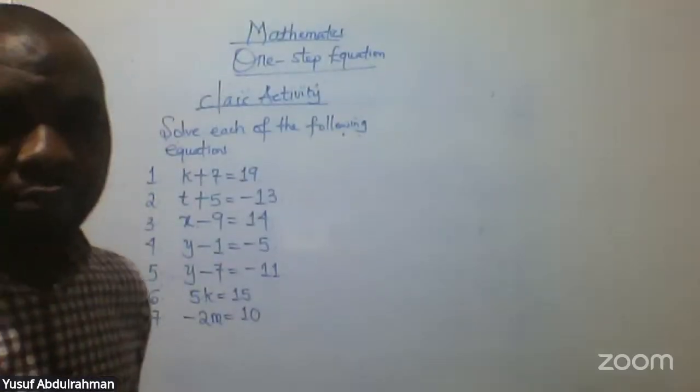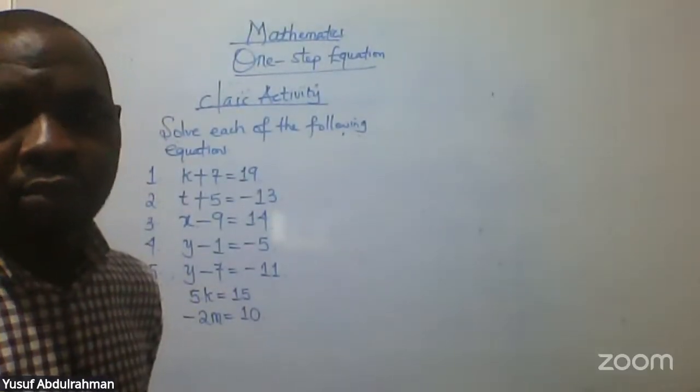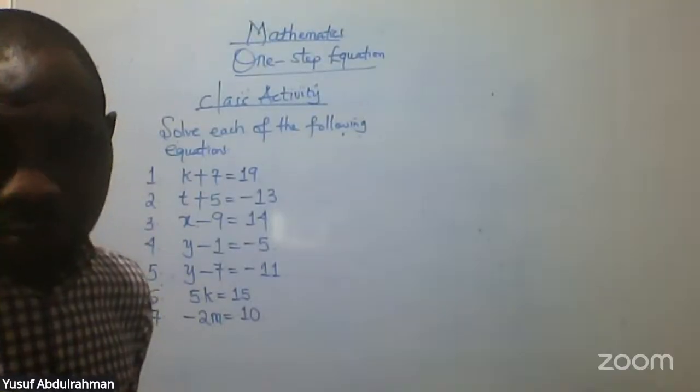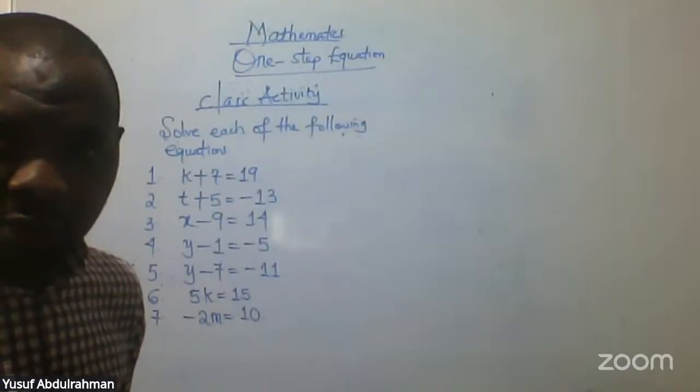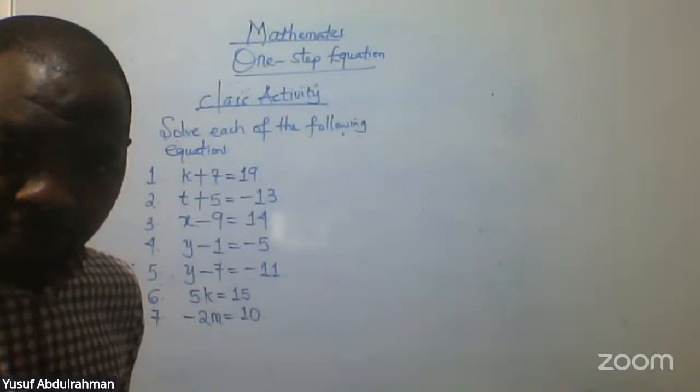Okay. So which one is 23? Is it question 2? You have to write the answers and number them.